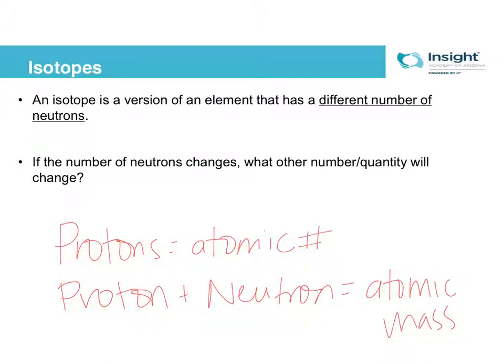All right, so while it's not necessarily in the definition, because an isotope is just a version of an element that has a different number of neutrons, remember that this is going to affect something. This will affect your atomic mass. All right, so because isotopes have a different number of neutrons, isotopes will also have different atomic masses.